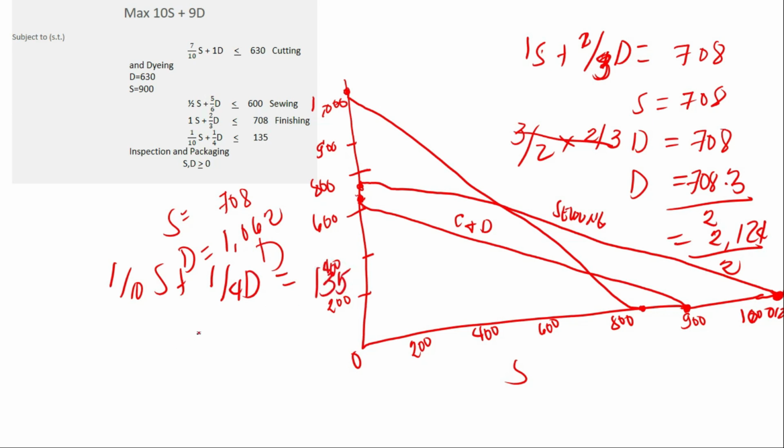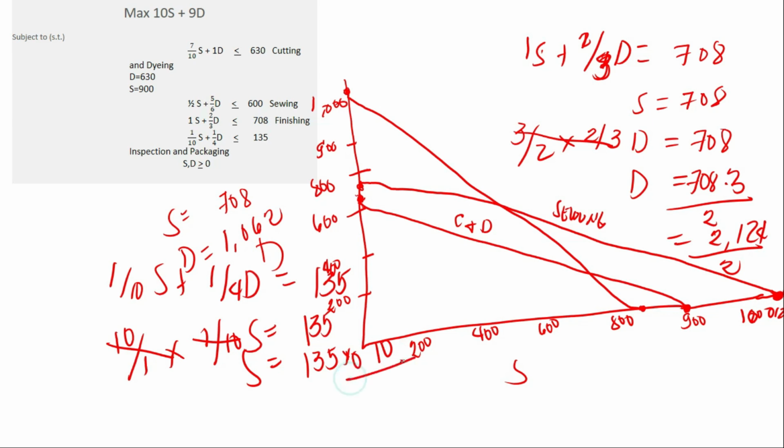So we have to find first the value of S. So 1/10 S is equal to 135. Let's transpose again, times 10 over 1. So S is equal to 135 times 10 over 1. Times 10, of course, is equal to 1,350. So our S now is 1,350.